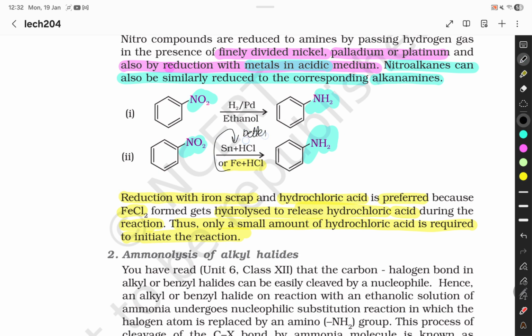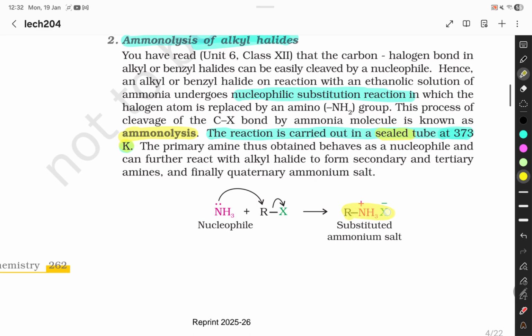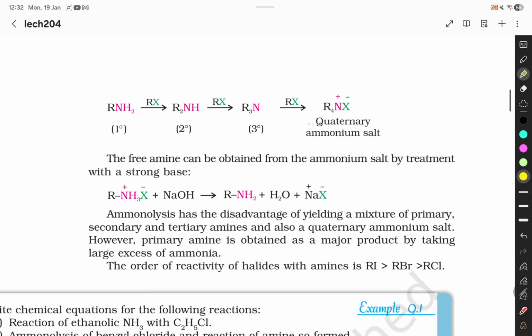Now we have ammonolysis reaction, which is just a regular SN2 type reaction, and this is carried out in a sealed tube. We all tend to miss that it's carried out in a sealed tube. Ammonolysis is the name of the reaction, and it forms a substituted ammonium salt as given. This reaction can keep on happening to form a quaternary ammonium salt, which is similar to Hofmann exhaustive methylation.